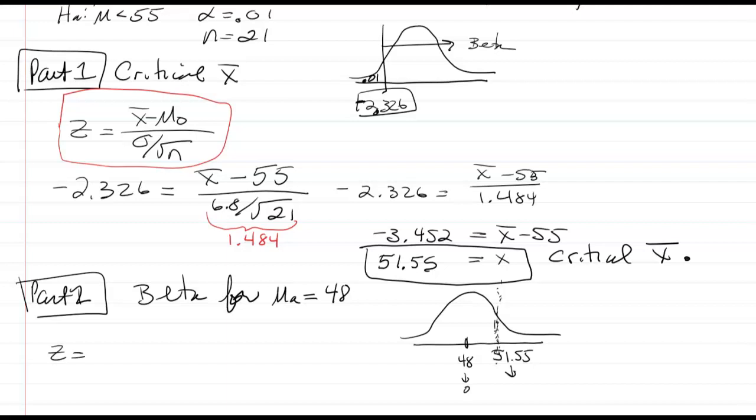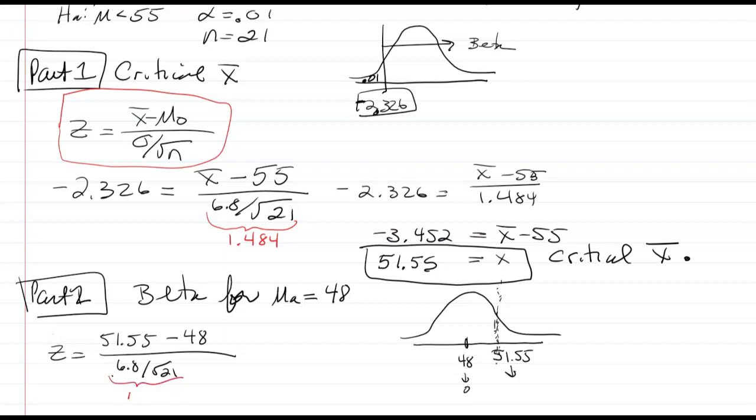So again, we go back to this, but this time we're going to use our critical x bar for our x bar. So it's 51.55. And your population mean now is the 48. So notice the difference there. The sigma over square root of n stays the same, which is why I said we already calculated that.